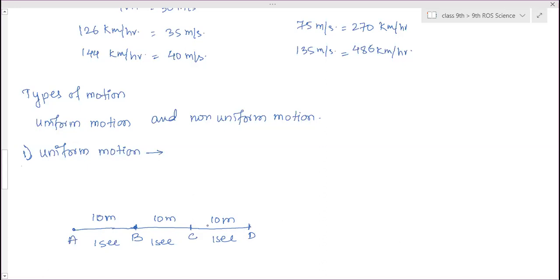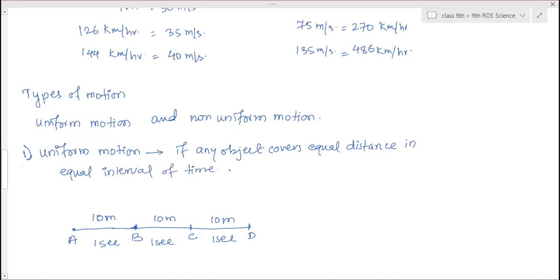An object is said to be in uniform motion if it covers equal distance in equal intervals of time.